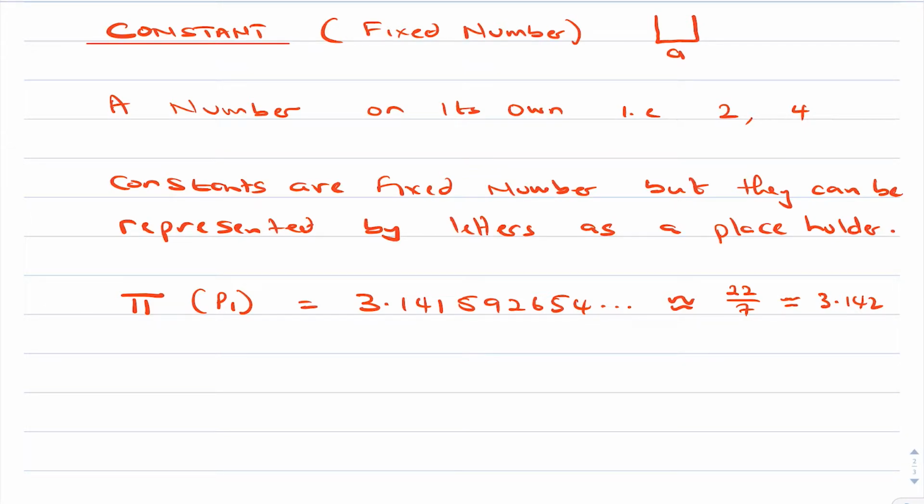E is another constant, which represents 2.718281828, and it goes on. It's a letter that represents that number.